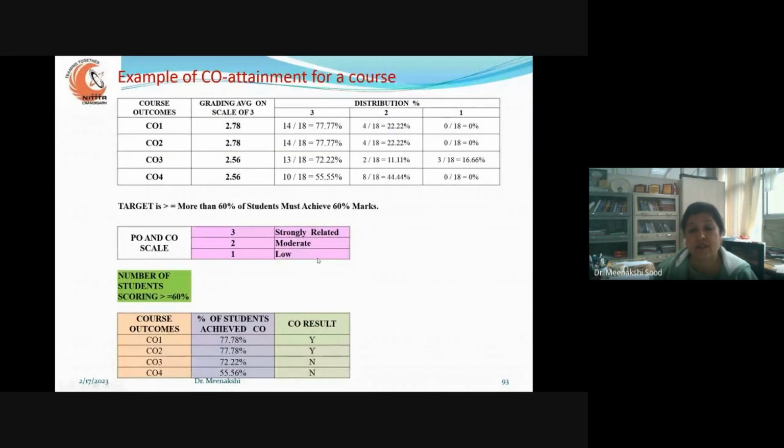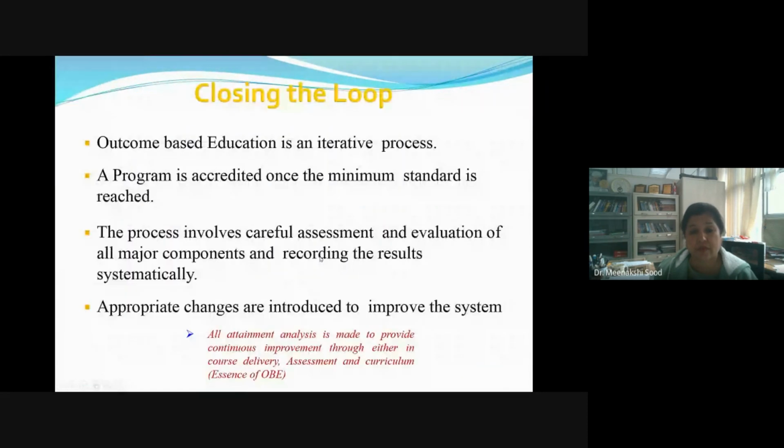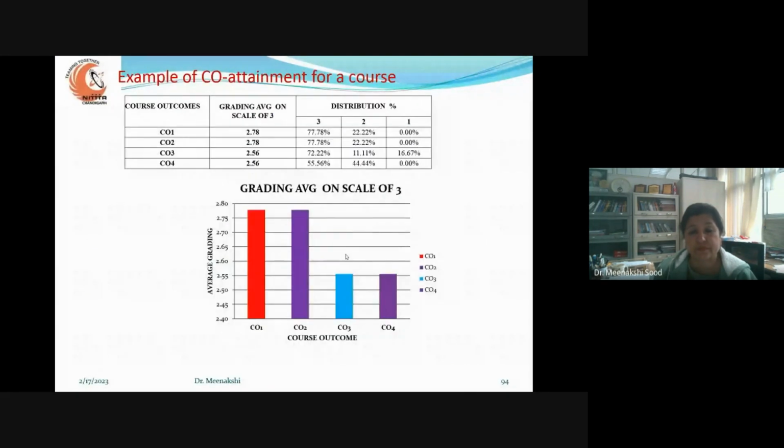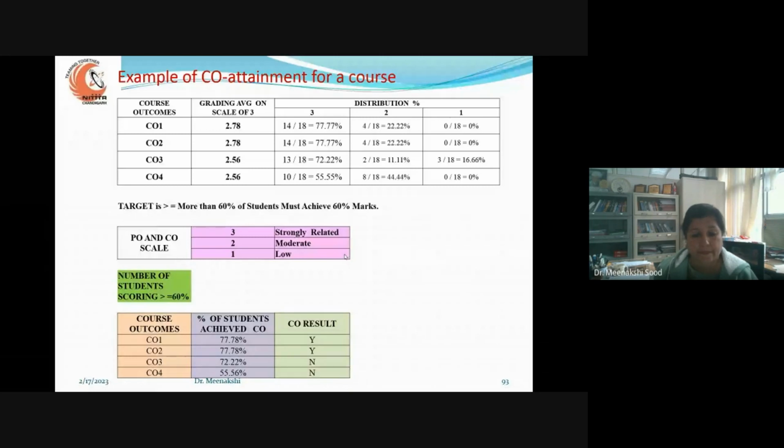Like suppose here, if I show you, this criteria we have fixed here: if the number of students who are having more than 60% marks, say more than 60% of students are achieving more than 60% of marks, then we will say that our CO has been achieved, right?